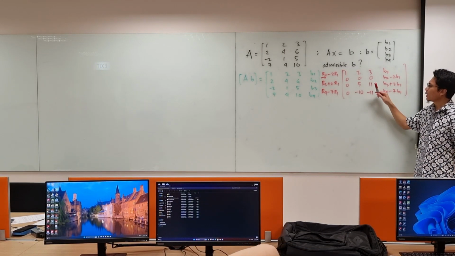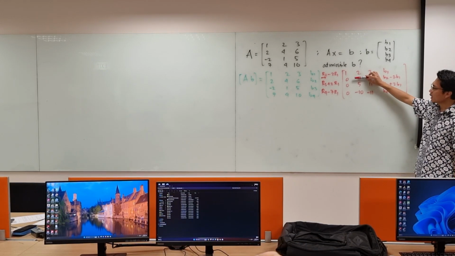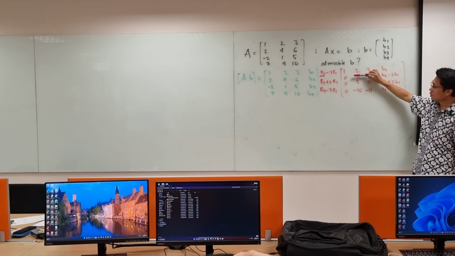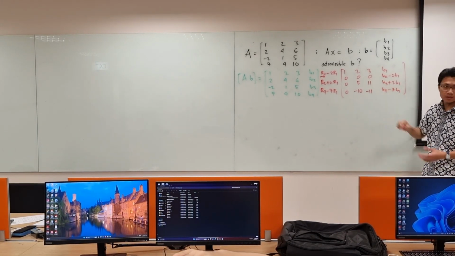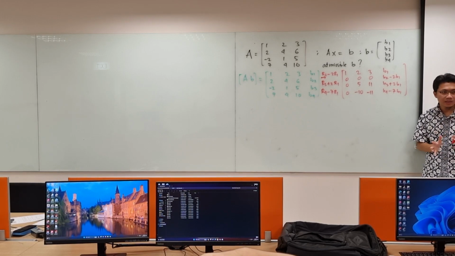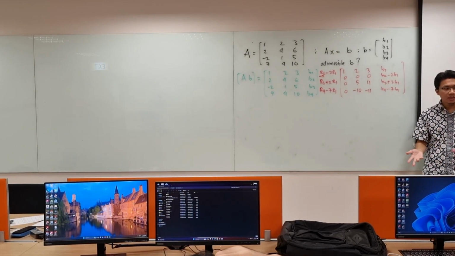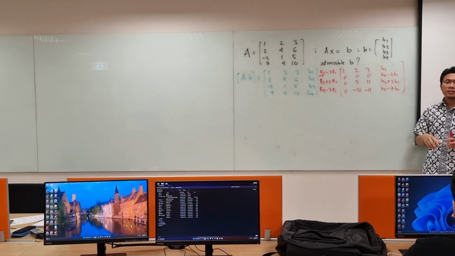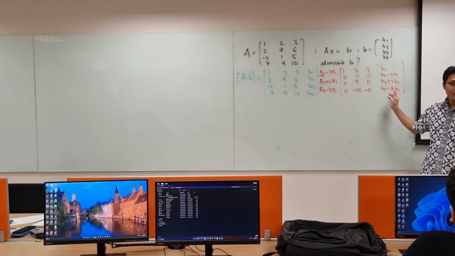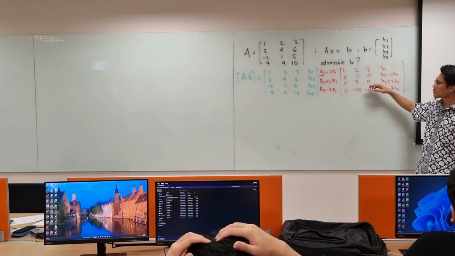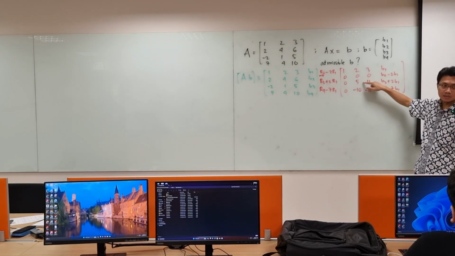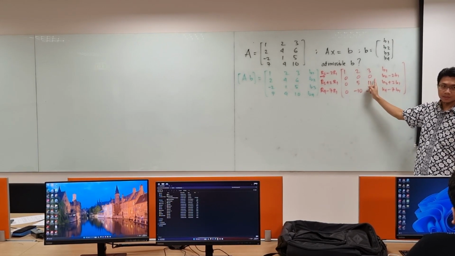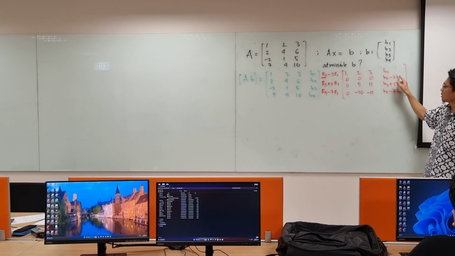Actually, you don't really have to switch the rows in this case. Switching rows 2 and 3, 4 is not necessary. It is optional. You can do it, or you stay with it. But the main thing is don't stop here. Why? Because later on when you eliminate this, there is a possibility that this row will also be all 0 here. If that's the case, then this is not the only condition.